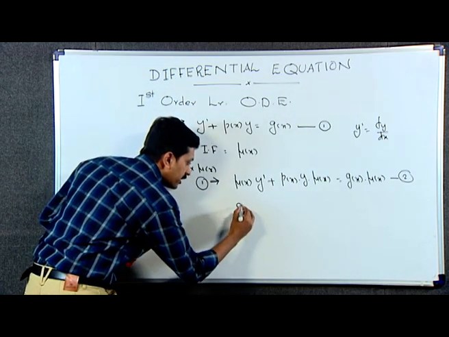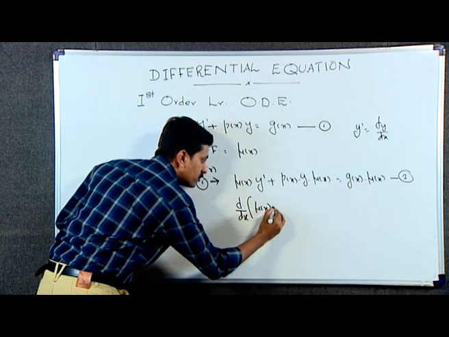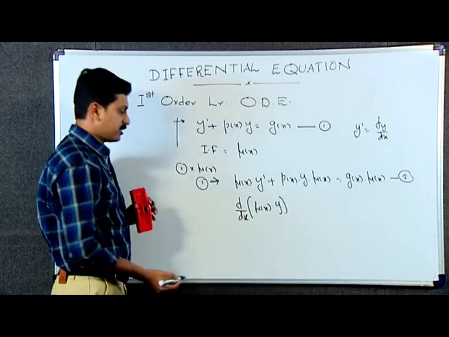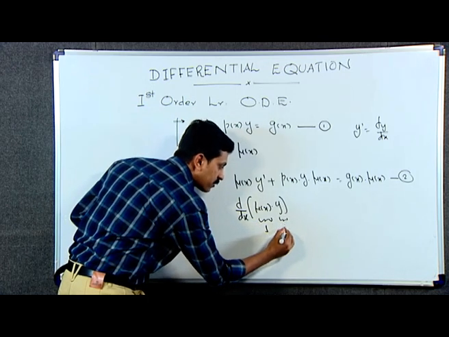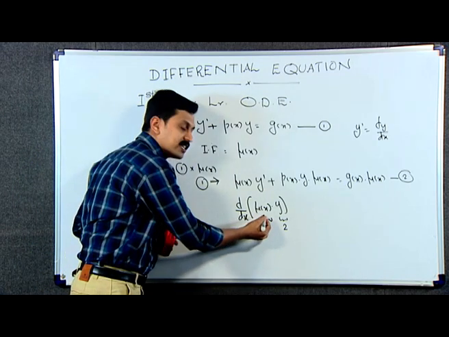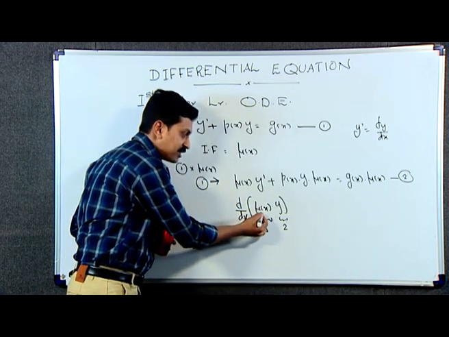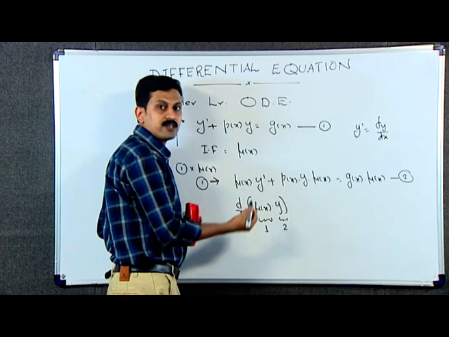Consider d/dx of mu(x) y. I can treat mu(x) as the first function and y as the second function. We are using the product rule for differentiating: first function into derivative of the second, plus second function into derivative of the first.